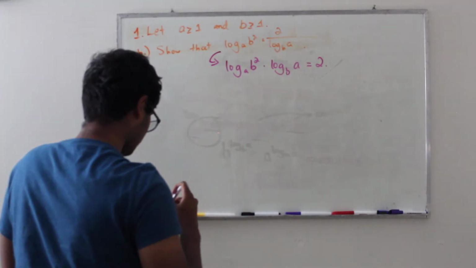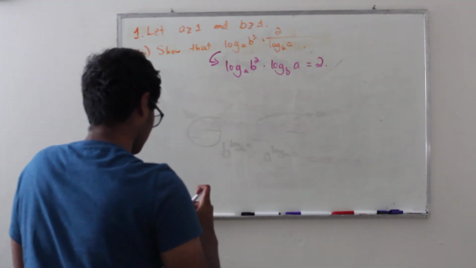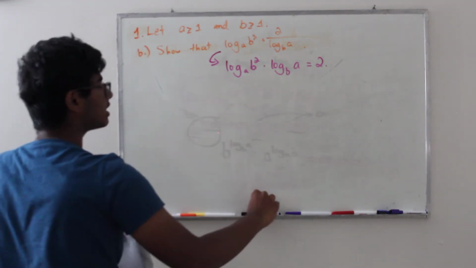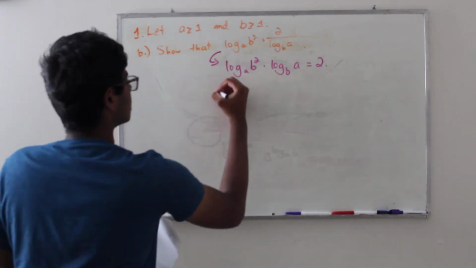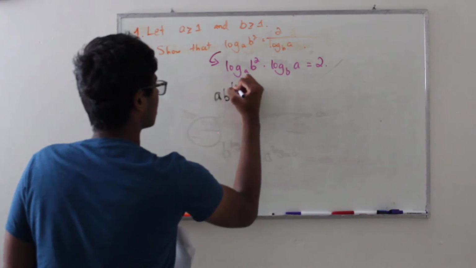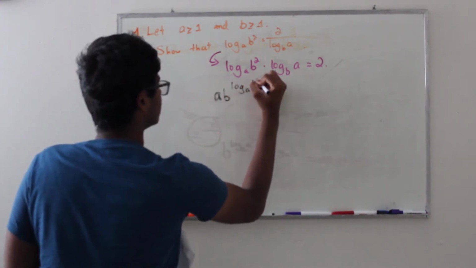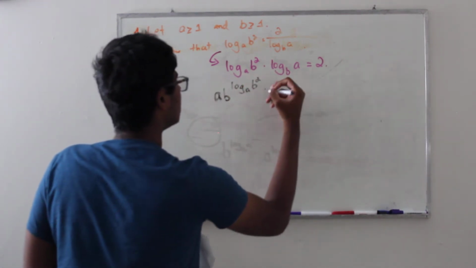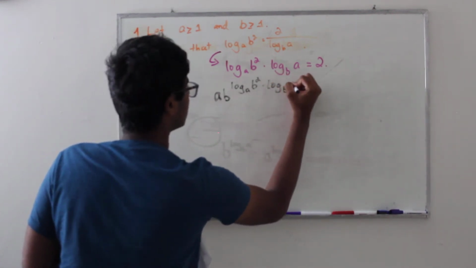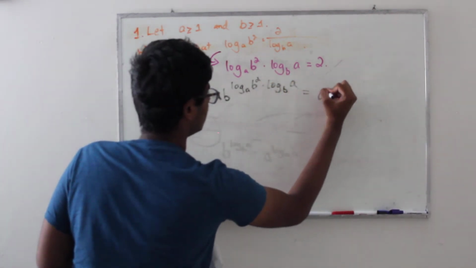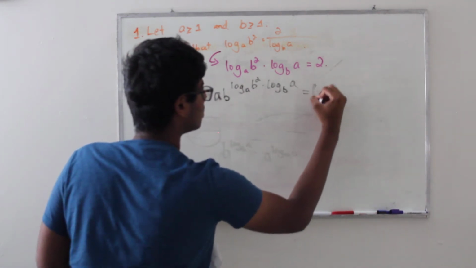And again, I'm going to take AB to the left side equals AB to the right side. So AB to the log base A of B squared times log base B of A equals AB whole squared.